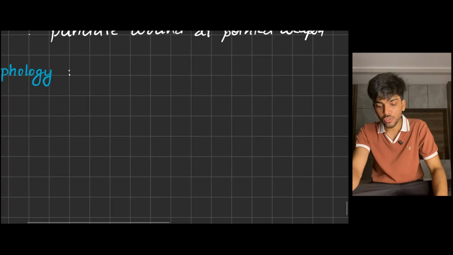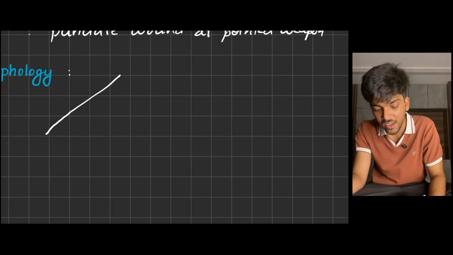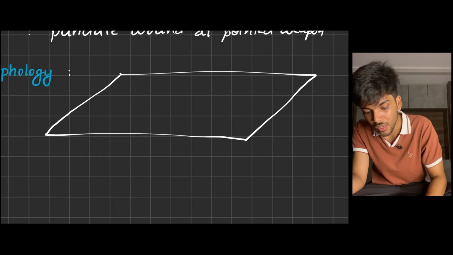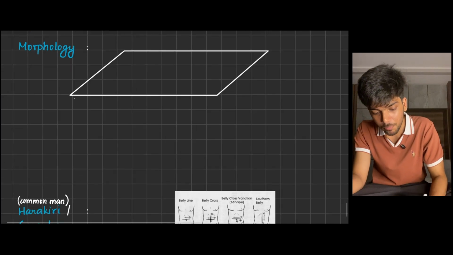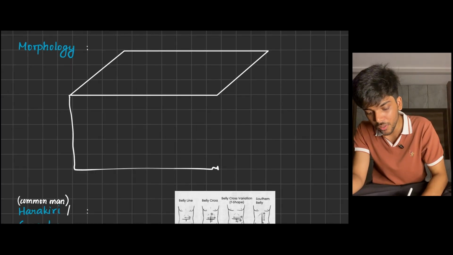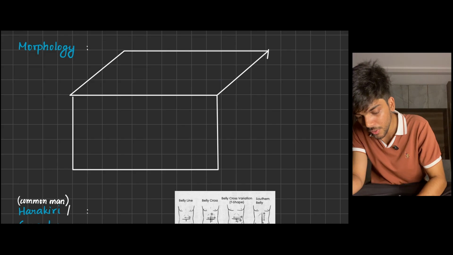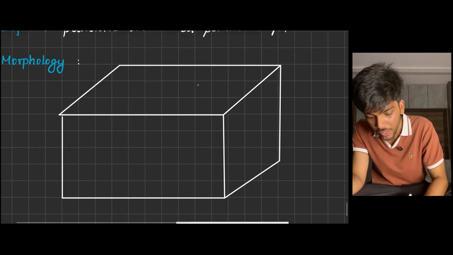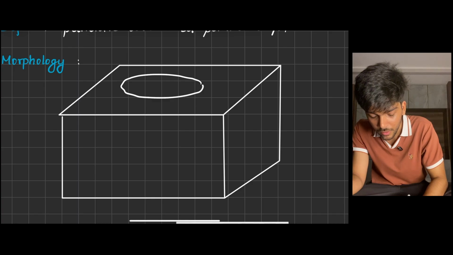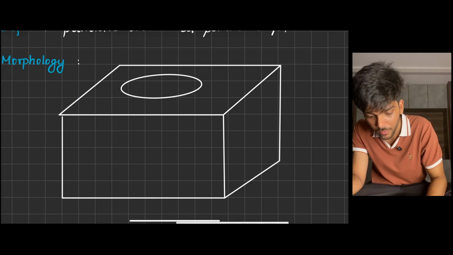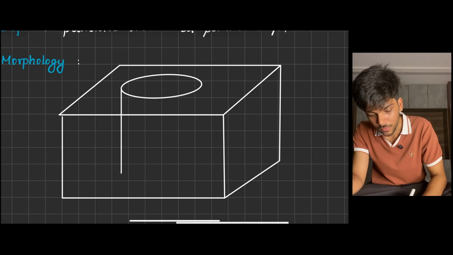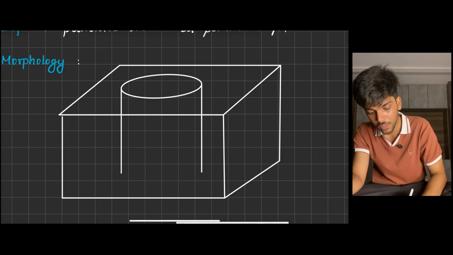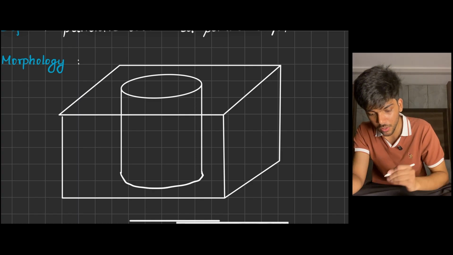Morphologically, I'm going to show this with the help of a three-dimensional space. So let's say this right here is a piece of tissue that is about to get punctured. Now here's the puncture wound. In this tissue, here's the puncture wound.